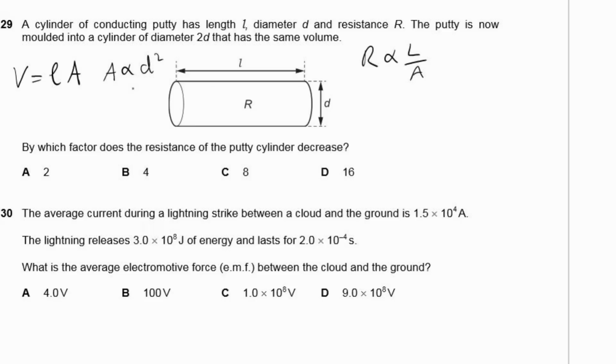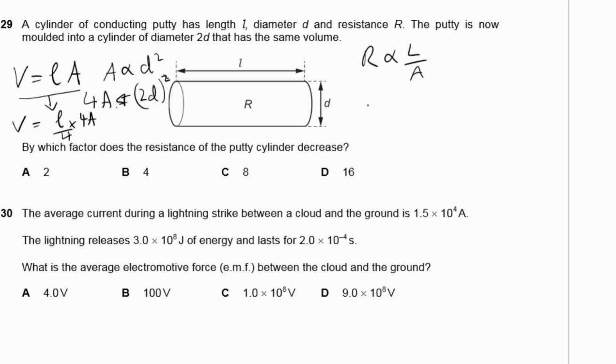So if I have twice the diameter squared, then I'm going to end up with 4 times the area. If the volume's the same, then the length is 1/4.